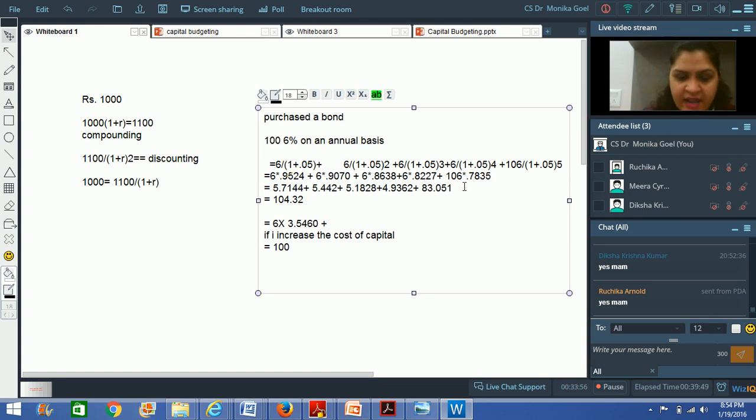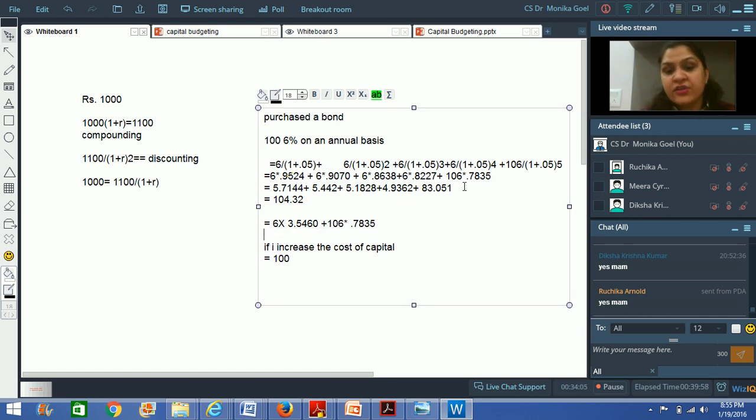So 6 multiplied by 3.5460. Okay? Plus I will write 106 multiplied by 0.7835, because that is not an annuity, because here I am getting 106 rupees, which is not 6 rupees, right?